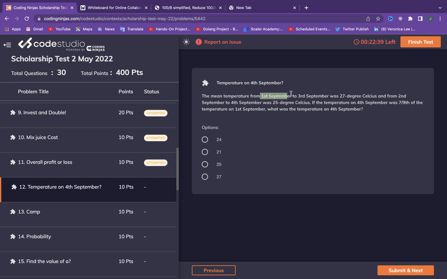So x plus y plus z divided by 3 was equal to this number right here, and y plus z plus a divided by 3 was equal to 25.